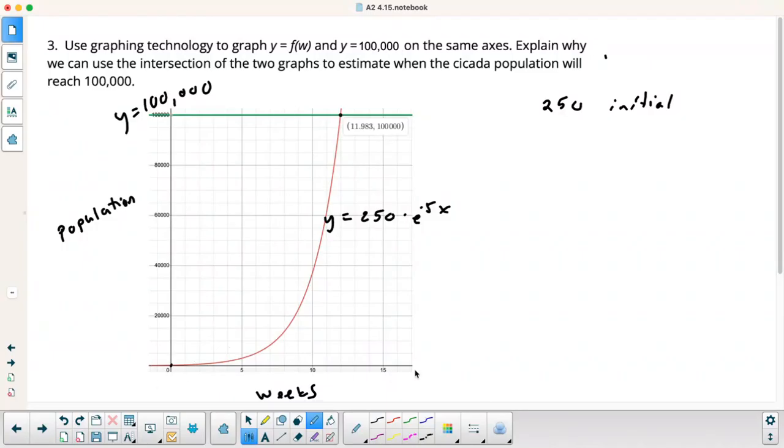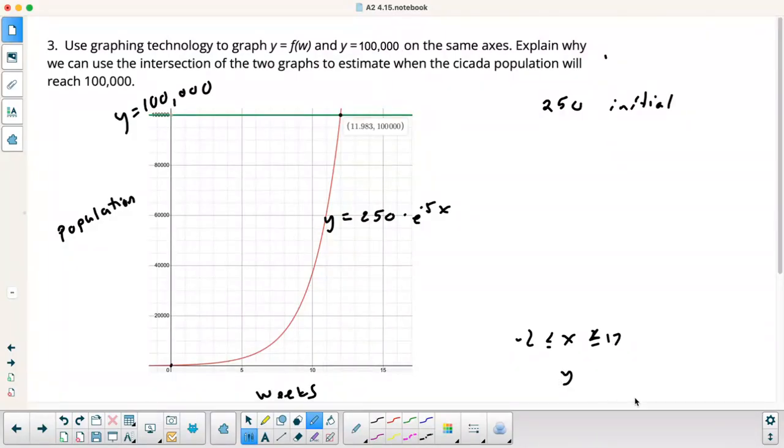Now, obviously, I changed my axes. When you go to make your x, I would make my x minimum a little bit less than 0, and make your max for x, looks like I got it at 17.